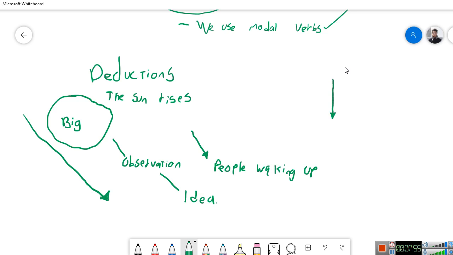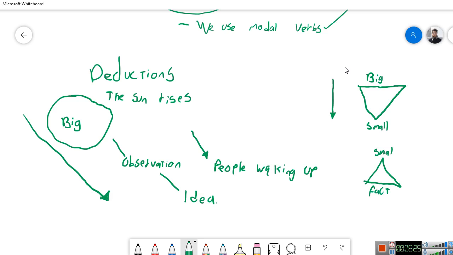We can also talk about deductions in the form of an upside down triangle. Here we have a big idea, and here we have a small idea. This is as opposed to an induction, and an induction is the opposite way. We have a small idea, and from that small idea we can get a fact.